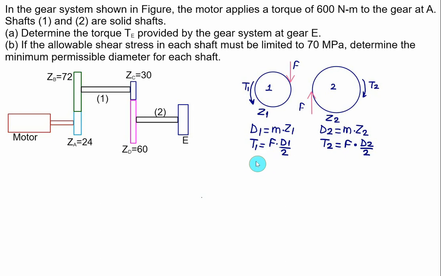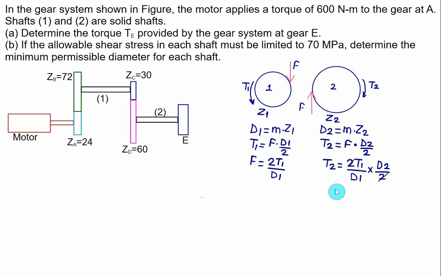From this equation we can find the value of F is equal to 2 times T1 divided by D1, and this value of F we can use in this equation. In that case we have T2 equal to 2 times T1 divided by D1, multiplied by D2 divided by 2.